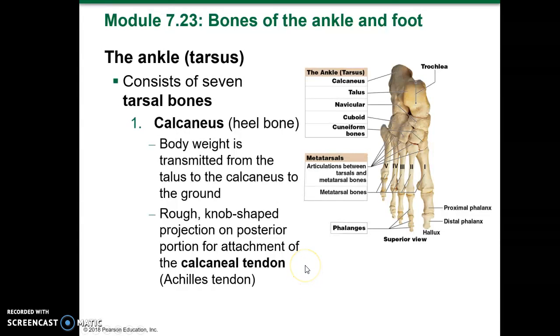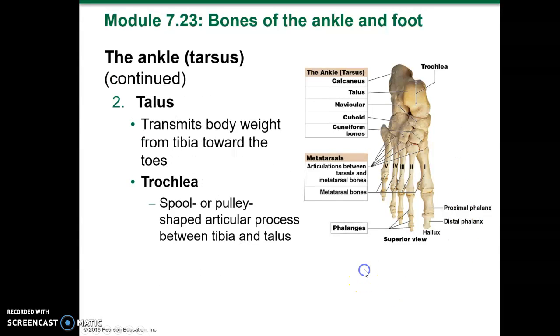The ankle has 7 tarsal bones, the calcaneus being the largest at the back, or the heel bone. The body weight is transmitted from the talus here to the calcaneus, to the ground. A rough knob-shaped projection on the posterior portion is for attachment of the calcaneal tendon, also called the Achilles tendon.